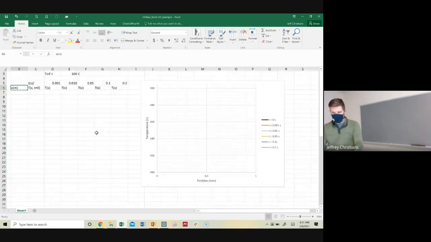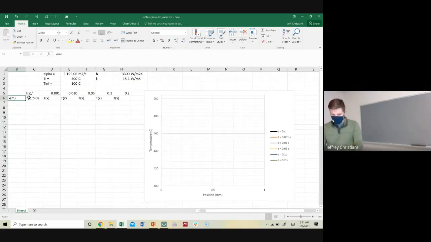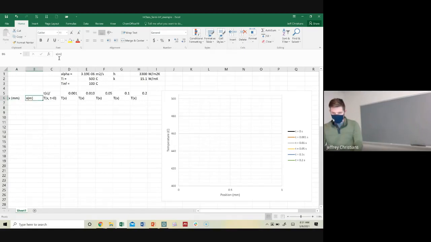We'll make a column. I'll zoom this up. A column for x star. And then let's change all of these. So L, this would be 0.01 meters, 10 millimeters. Make sure I get my numbers right.